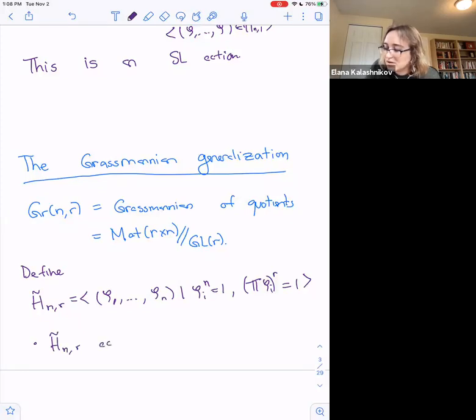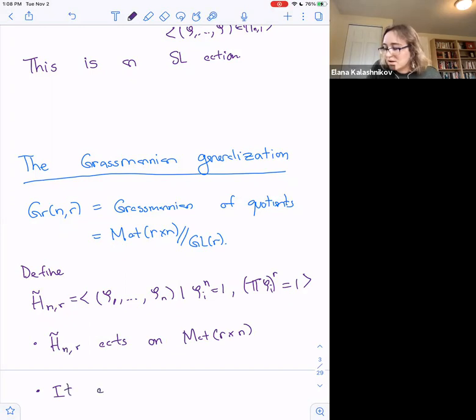Where each zeta i is going to scale the ith column of the matrix. And also, this condition I chose, this condition right here, is really the SL condition you want.